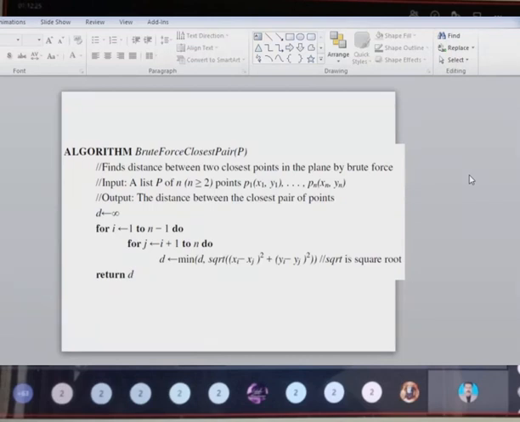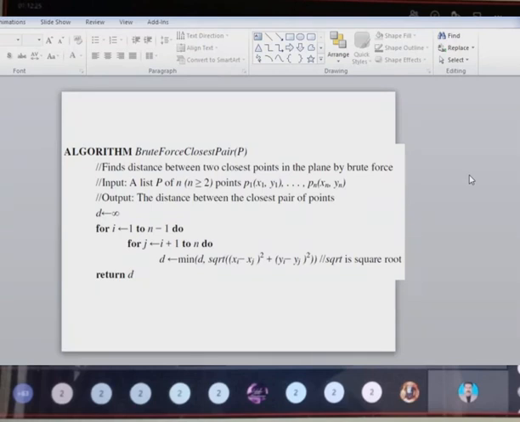N square. Good. If we have only one for loop, then we need to write one summation, and our answer will be N. Here we have two summations, so N square. This is the pseudocode of brute force closest pair.